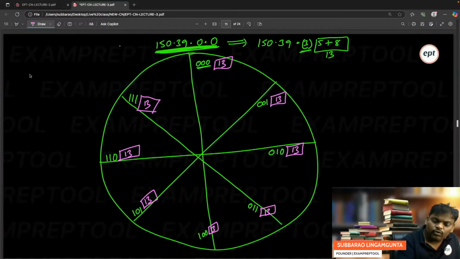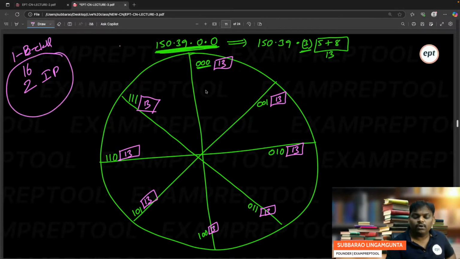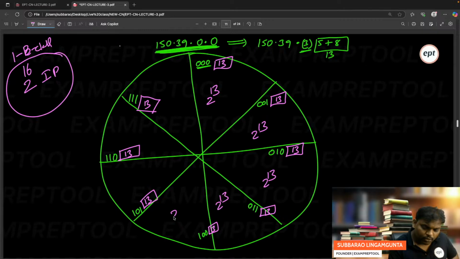Previously, if you observe, host purpose 16 bits, so 2 power 16 IPs per class B. Now there are 2 power 13 IPs here, 2 power 13 here, 2 power 13 here, like that. IPs I am talking about, not hosts.